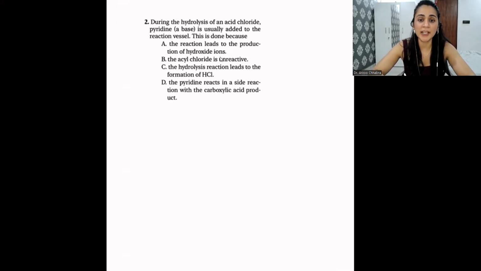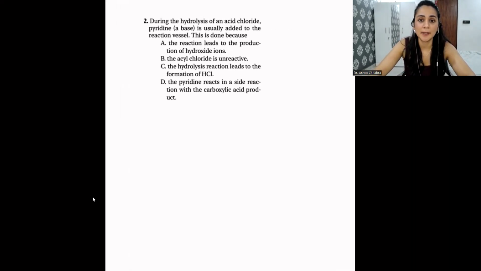During hydrolysis of an acid chloride, pyridine is actually added to the reaction vessel, and this is done because... If you think about the reaction of an acid chloride, a pyridine, which is a base, is added to the reaction vessel almost like a second reactant, as a reagent in the reaction. Why do they do it?